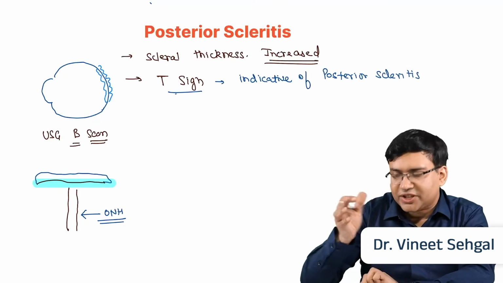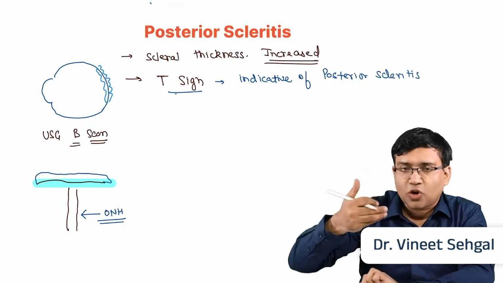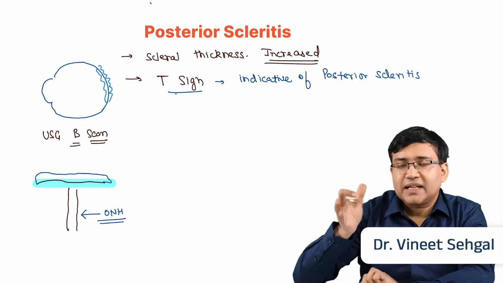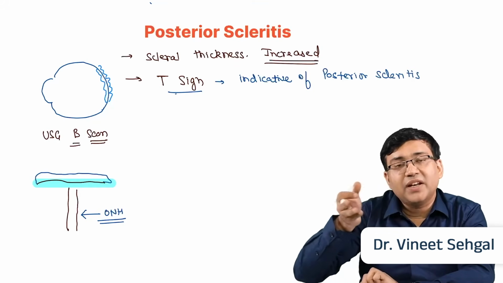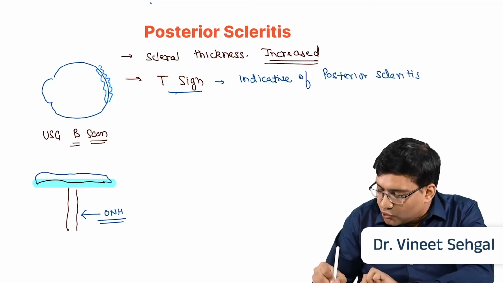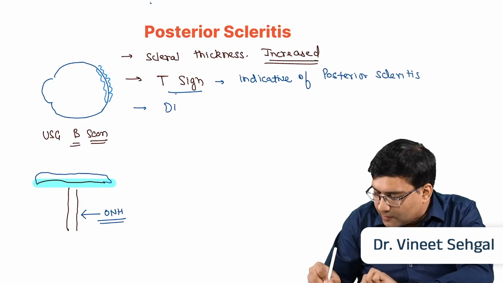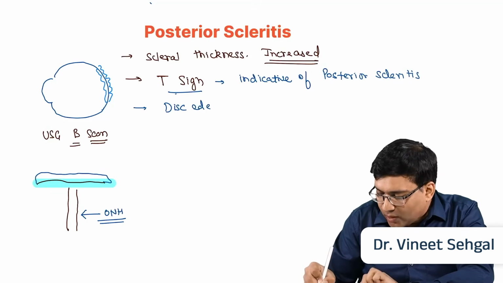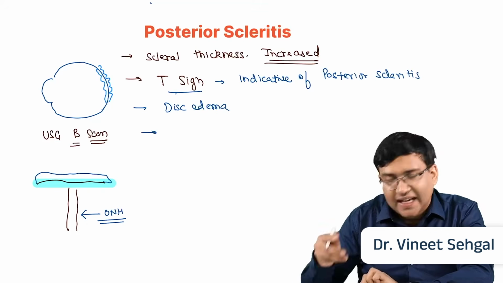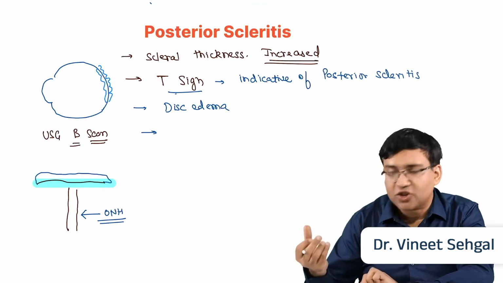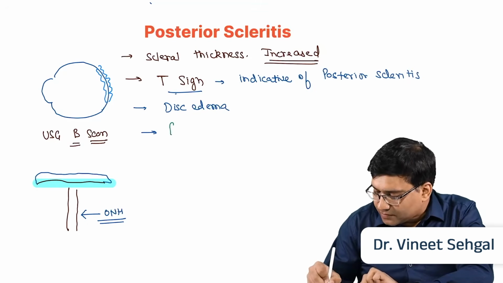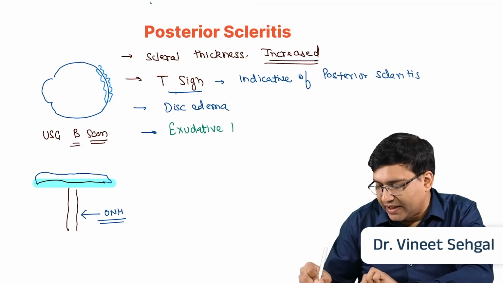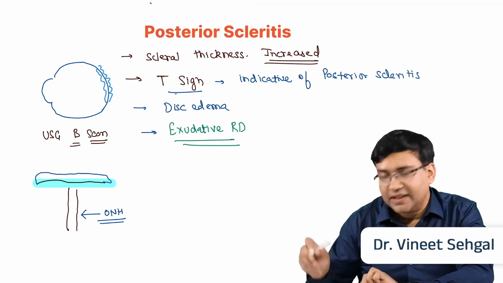Now this inflammation can go in the choroid as well, so there may be chances that it may seep up to the retina as well, and there may be inflammation of the optic nerve as well, so you may have disc edema. One more question they have asked is whether you can get a retinal detachment in the patient of posterior scleritis. So definitely yes. The patient may have exudative retinal detachment in these cases.